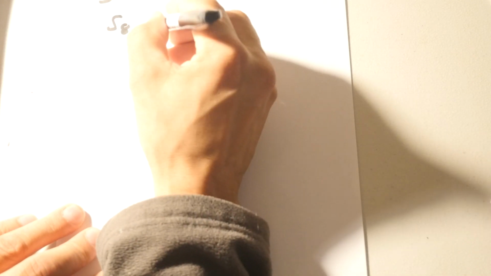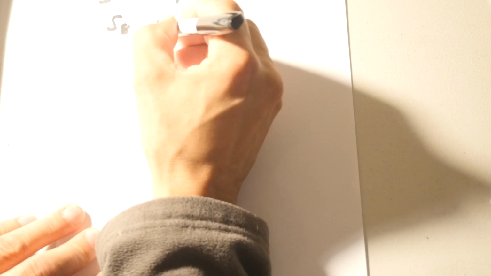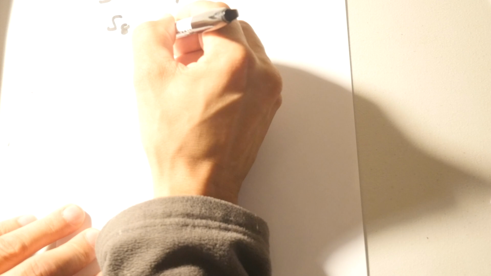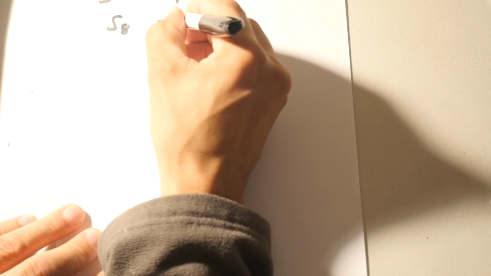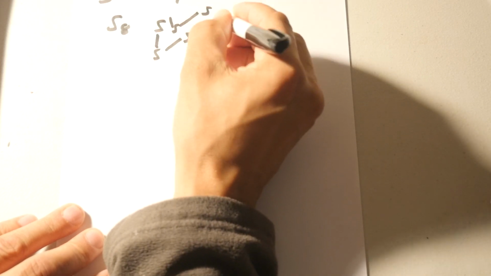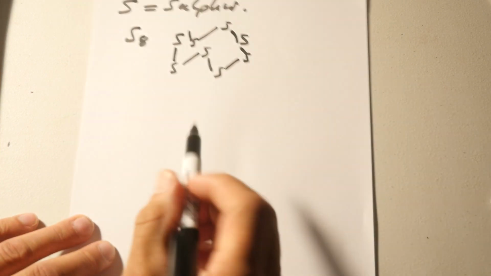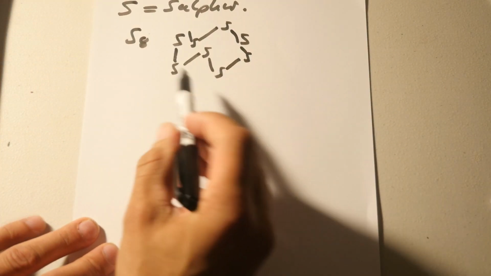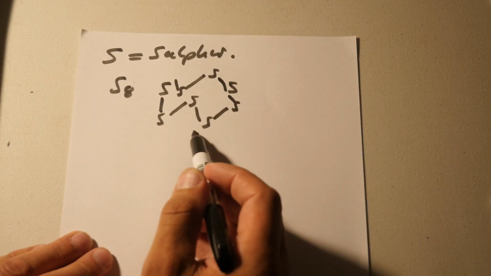Okay, so you've got a compound a bit like this. Sulfur can form 1, 2, 3, 4, 5, 6, 7, 8, okay? So that's the structure of a molecule of sulfur, okay? S8.